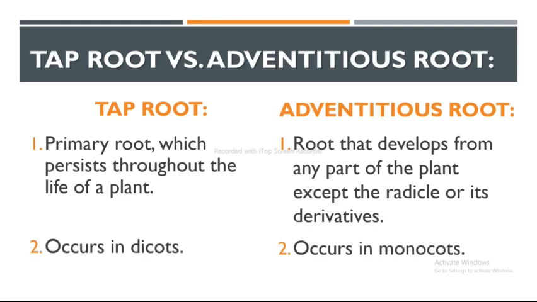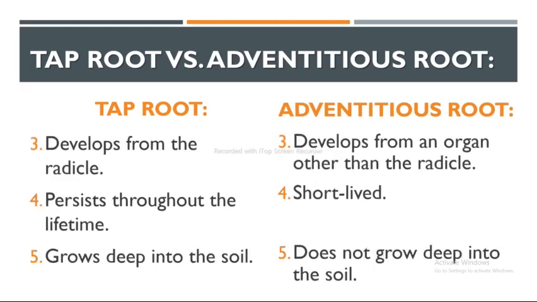Taproot, primary root which persists throughout the life of a plant. Adventitious root, root that develops from any part of the plant except the radicle or its derivatives. Taproot occurs in dicots. Adventitious root occurs in monocots. Taproot develops from the radicle. Adventitious root develops from an organ other than the radicle.